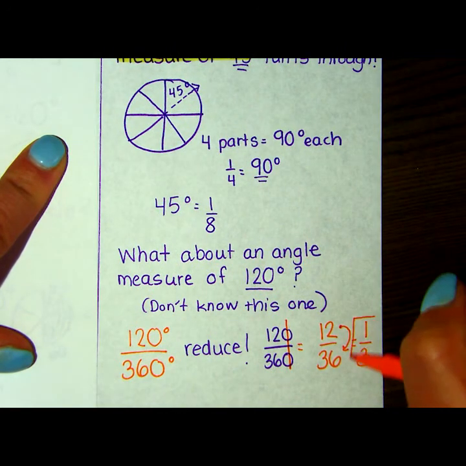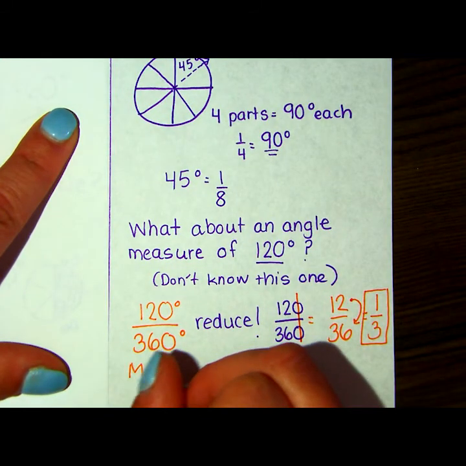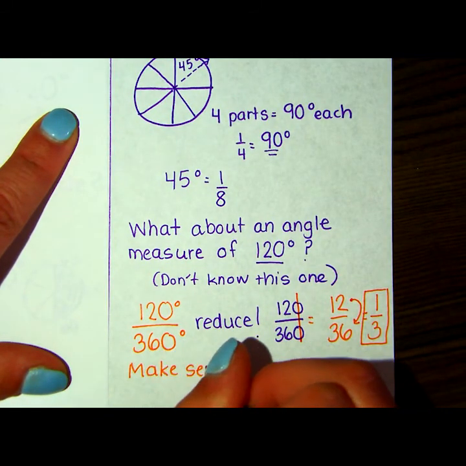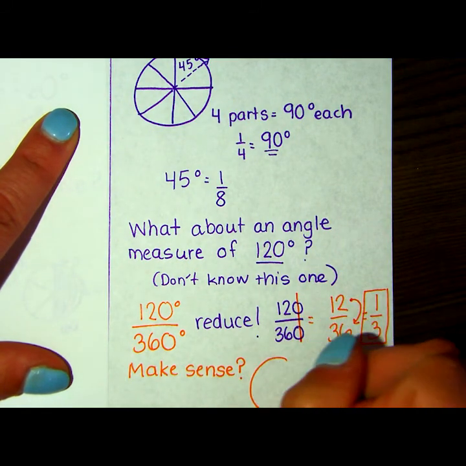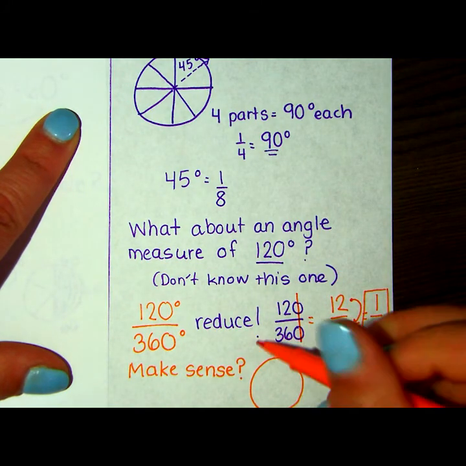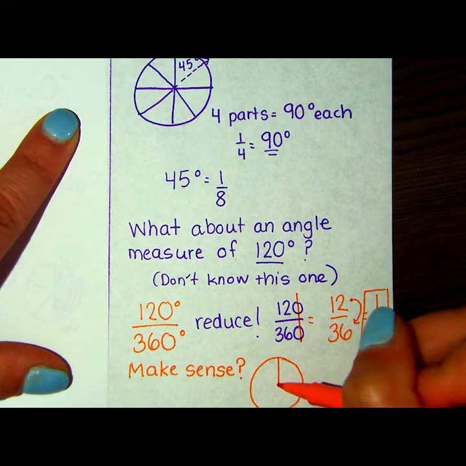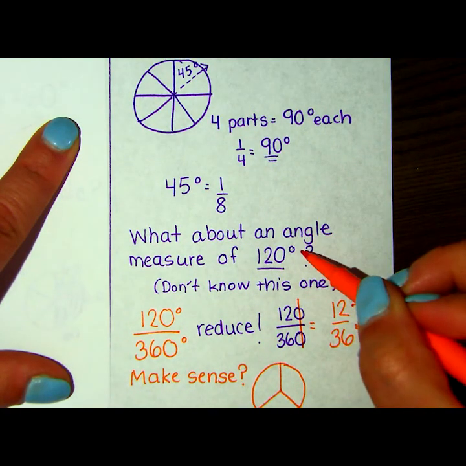Now, think about this for a moment. Does this make sense? If you have a circle, and you cut it into thirds, so it kind of looks like a peace sign, the angle measure is 120 degrees.